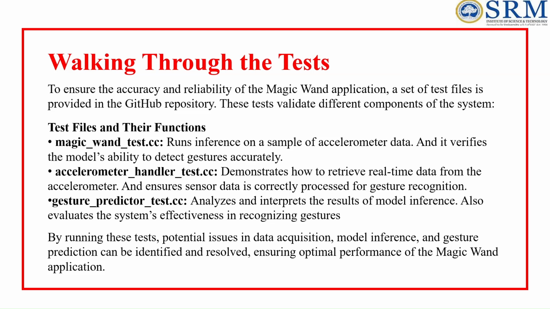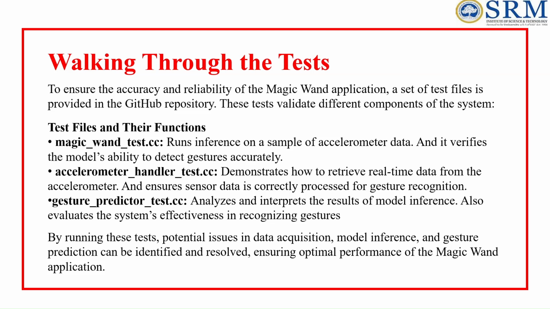This is where testing comes in. The GitHub repository provides test files. First comes the magic_wand_test.cc. It runs inference on sample accelerometer data to verify the model's accuracy. Then the accelerometer_handler_test.cc demonstrates how to read real-time data from the accelerometer.